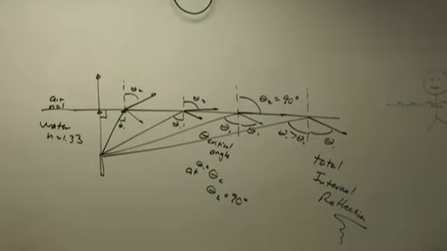And here's what you'll see. You won't see this person. You'll see this. And why do you see that? Because you're seeing the reflection of the bottom of their body, because you're beyond the critical angle.